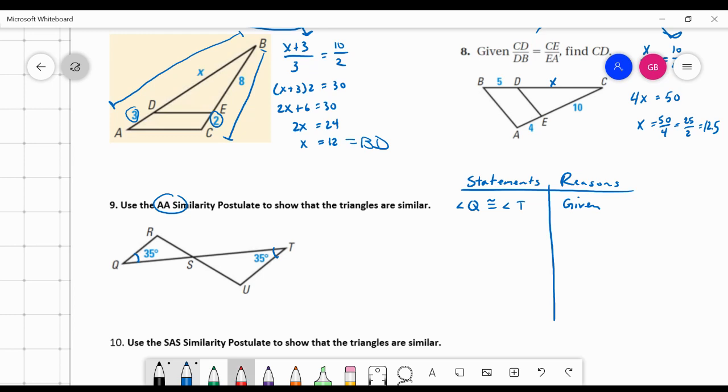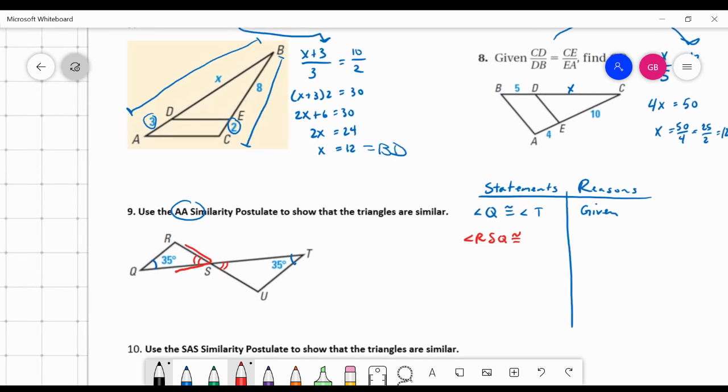Now remember when you have lines that intersect, like here in the middle, you create vertical angles. So angle RSQ is congruent to angle TSU. That's because they're vertical.